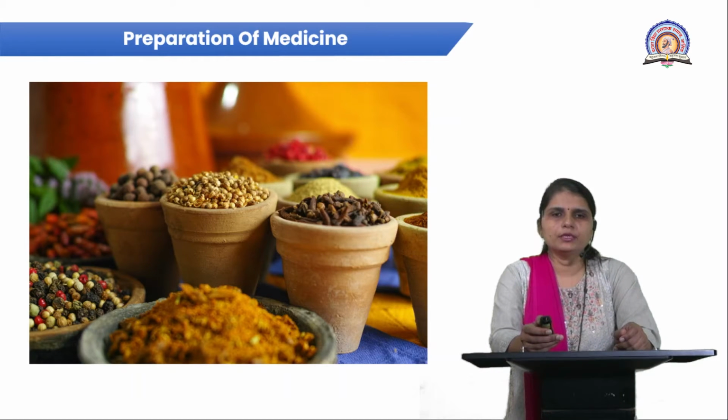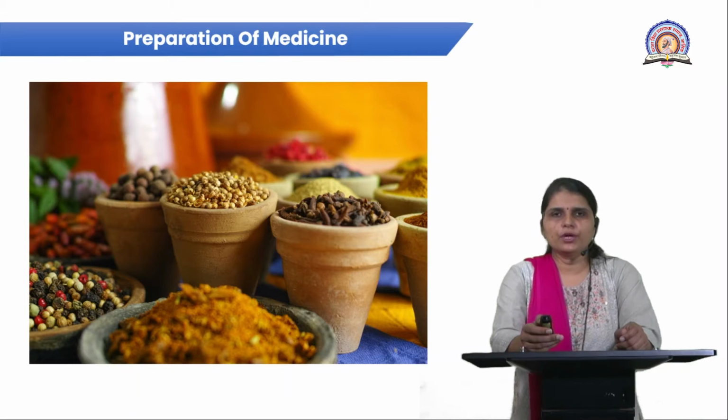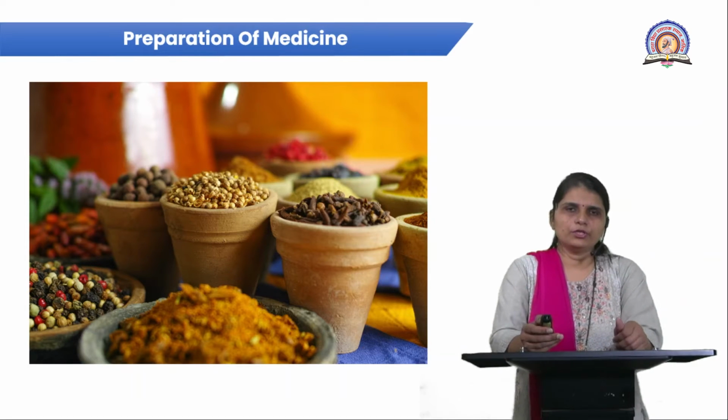Preparation of medicine, as in the picture: clove, pepper, or cinnamon. All these spices are also used for medicine or the formation of decoction. These are all used for plant medicine, manufacturing medicine from the plant.